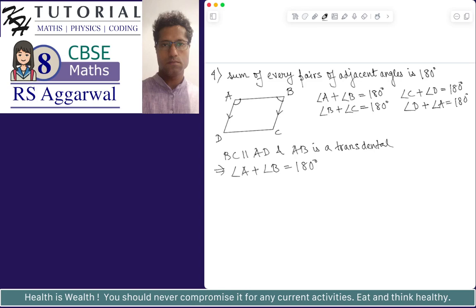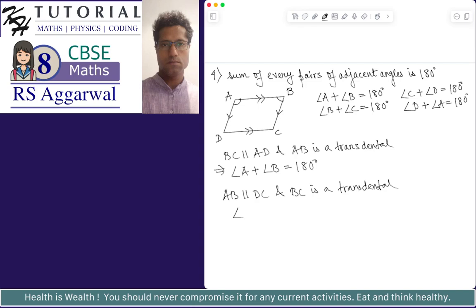Now how do we prove angle B plus angle C is 180 degrees? So the proof will be similar. We just need to consider two other parallel lines. So we know that AB is parallel to DC, and consider BC as a transversal.